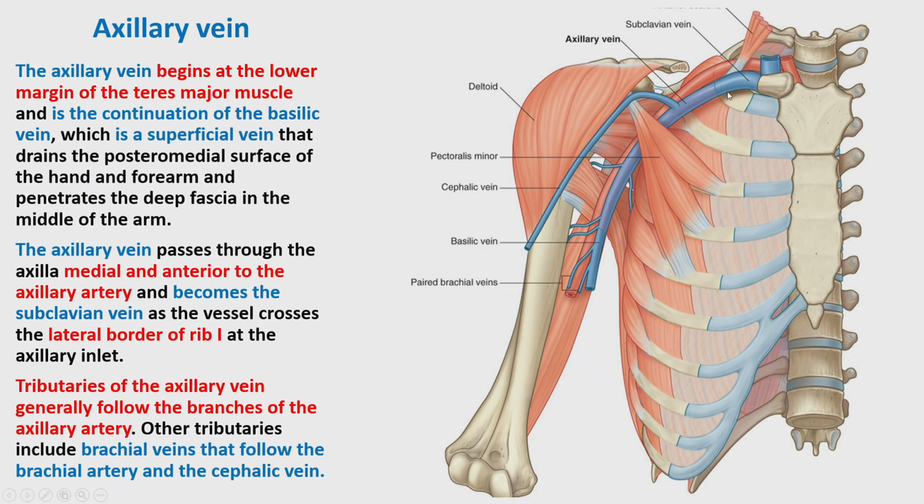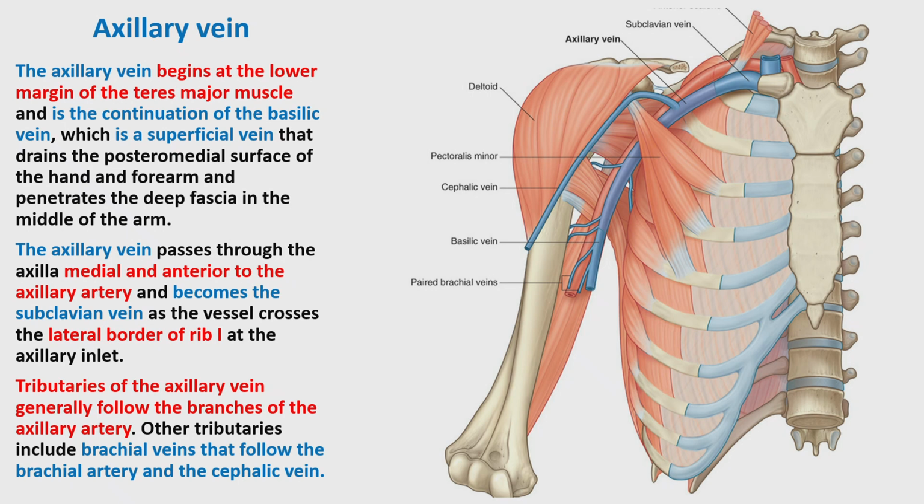Another very important thing about the subclavian vein: as you see, the subclavian artery is passing through the scalenic fissure. If you remember, the scalenic fissure is extremely important. It is the fissure between the anterior scalene and medial scalene muscle.